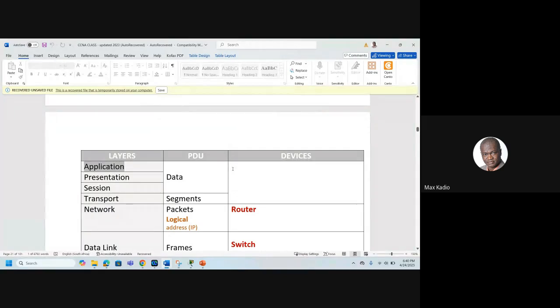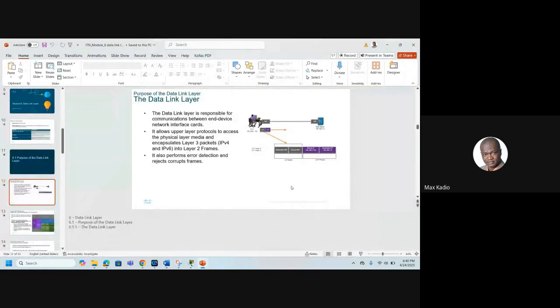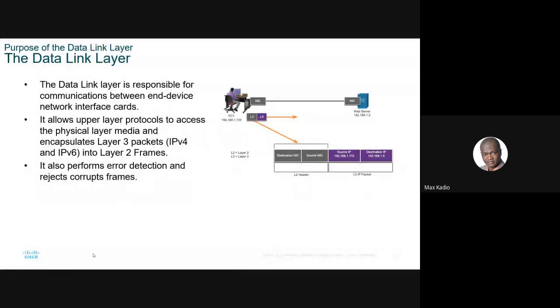It needs to go down, you see. So any time it reaches a layer, we put extra info to allow your message to go. For us, we don't see it, we don't touch it, but we need to understand what's happening in the background.